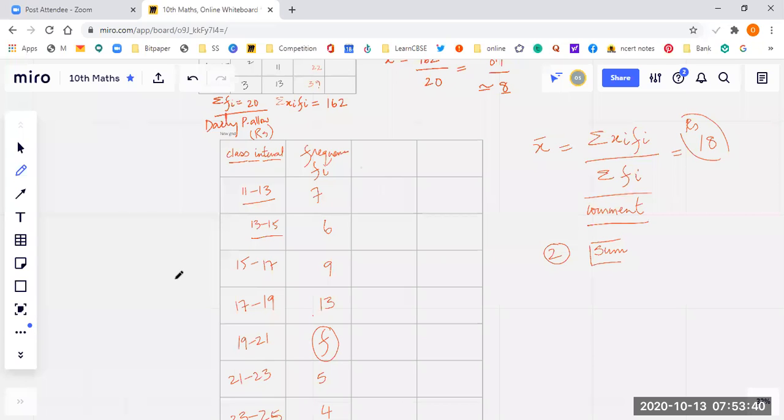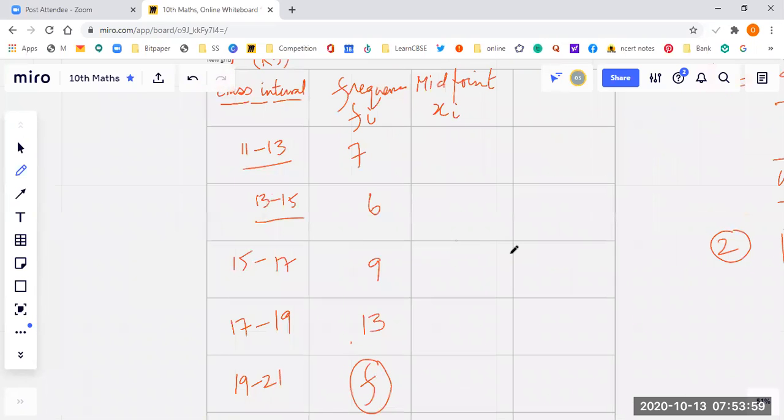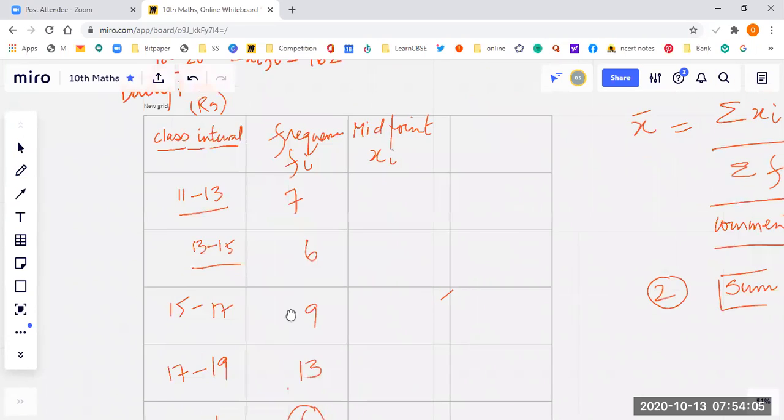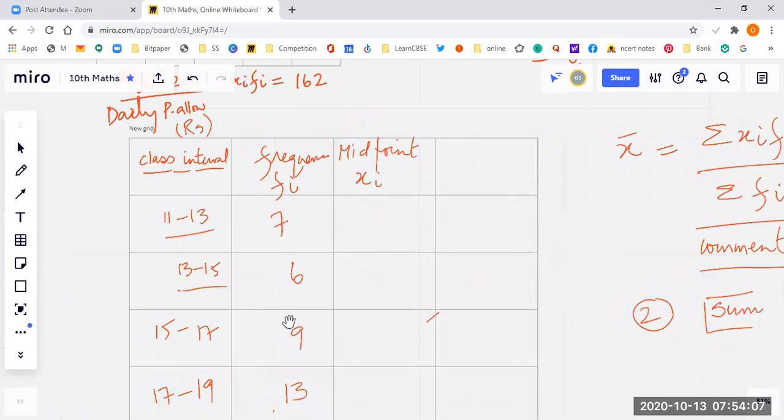Okay, so I'll just discuss with you how you will progress. This is the class interval. You want to get xi. What is that? The midpoint of the class intervals. So how will you find the midpoint?